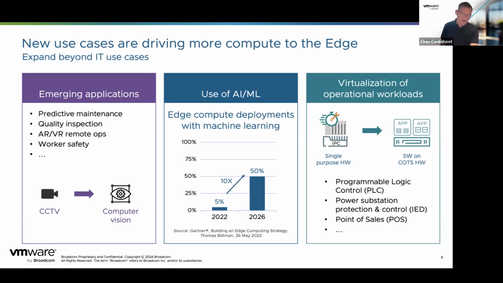For those of you familiar, in ESX version 7 update 2, we introduced support for real time in our hypervisor. What that allows us to do is give deterministic outcomes in terms of timing to certain processes. And that's really important for programmable logical controllers, or the protection and control you see in power substations.